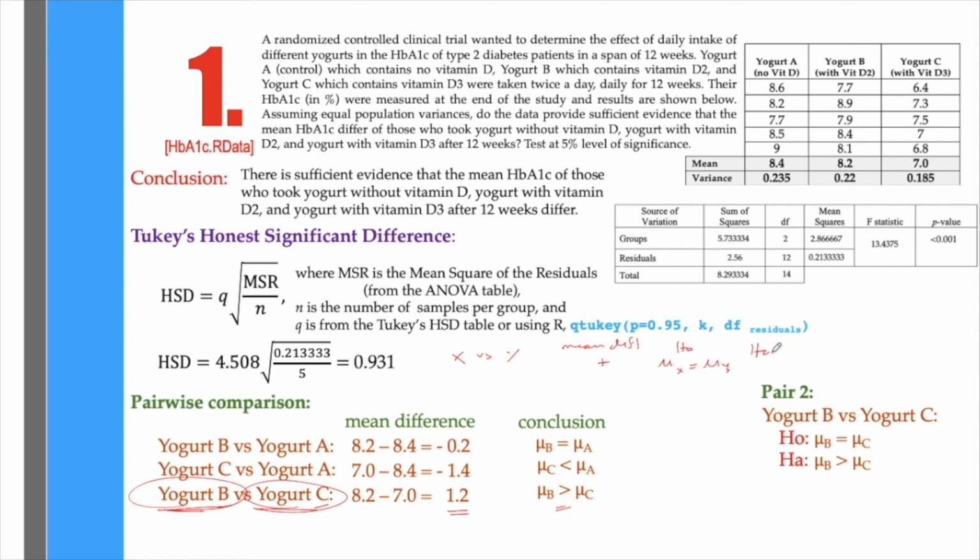And your alternative hypothesis is that the mean of x is greater than the mean of y. Again, since this is positive, that's why this is greater than.